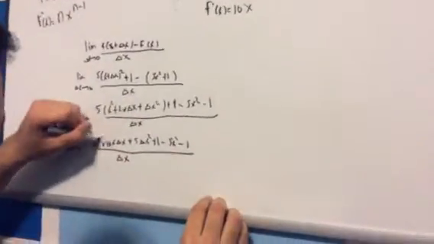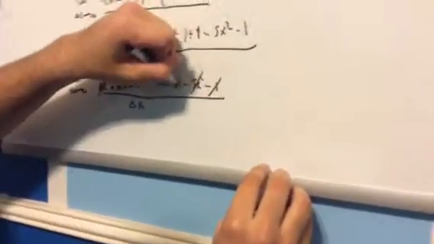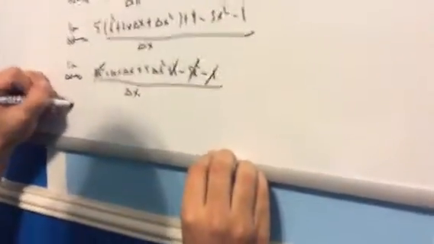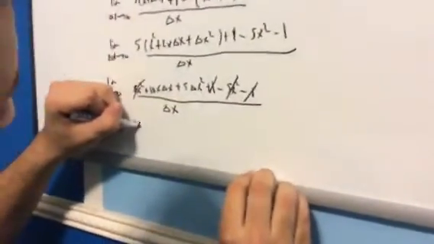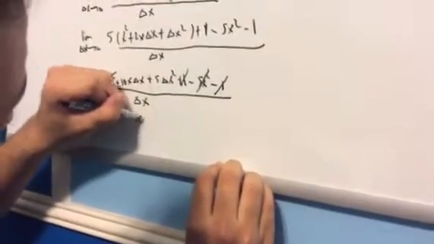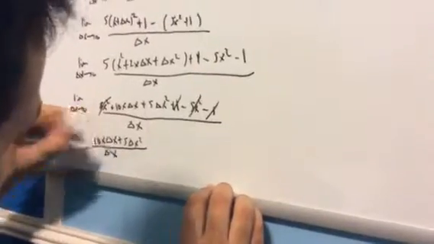Now, we can immediately see that these two 5x squares will cancel out. This 1 and negative 1 will cancel out. And now, we will be left with the limit as delta x approaches 0 of 10x delta x plus 5 delta x squared, all over delta x.